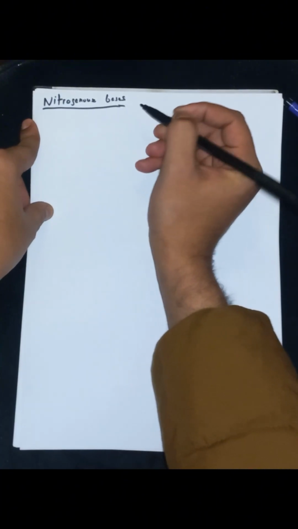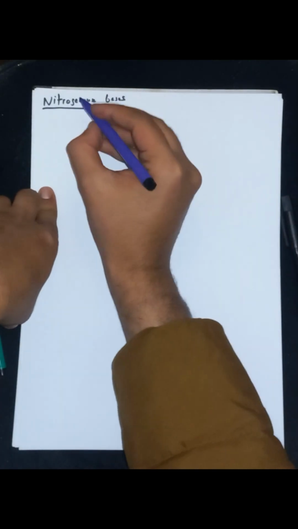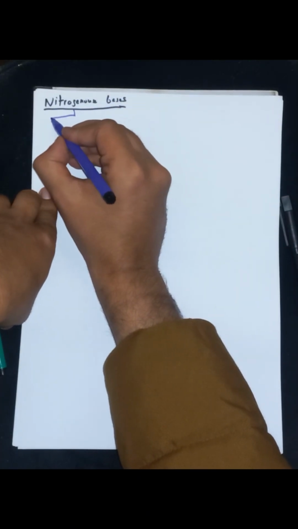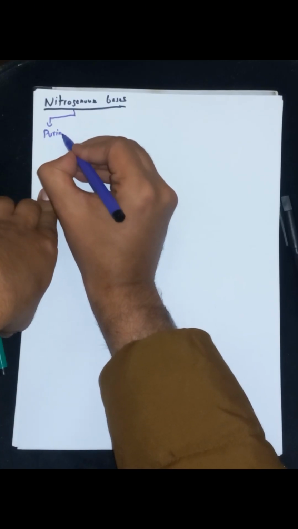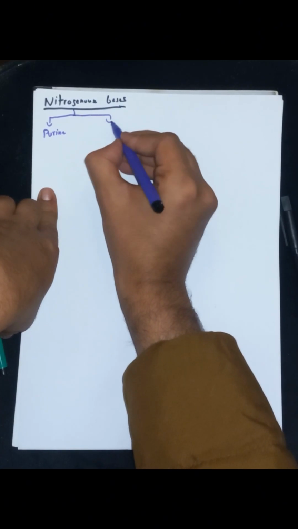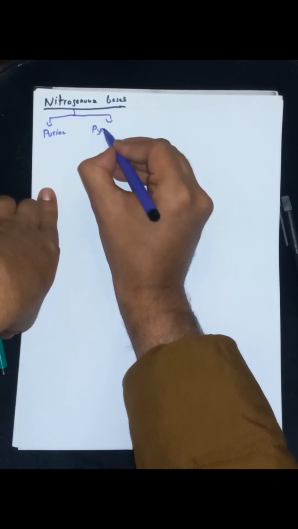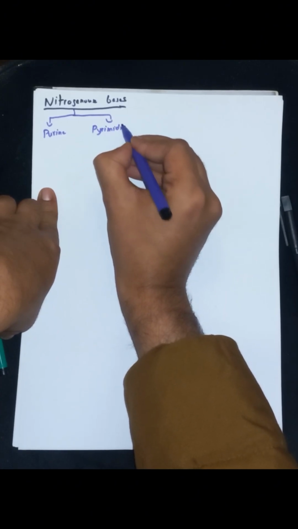Now there are two types of nitrogenous bases. We need to discuss what its structure is, so let's discuss it. First is purine, the other one is pyrimidine. Okay, so what are these purine and pyrimidine?